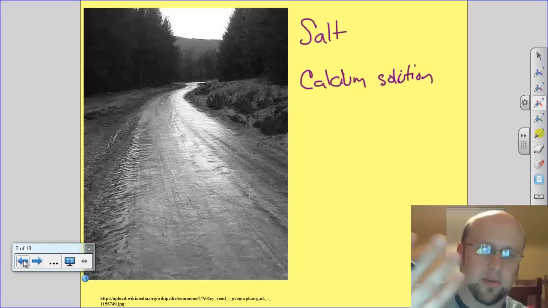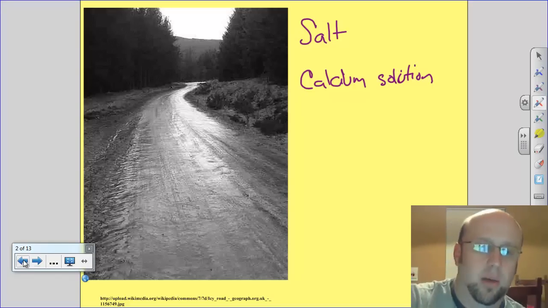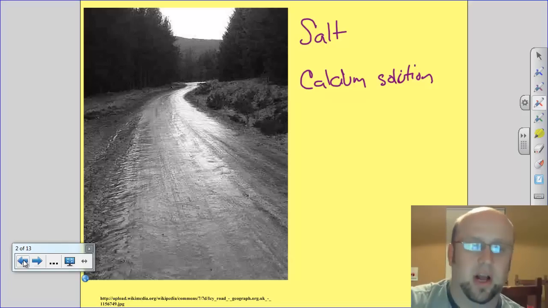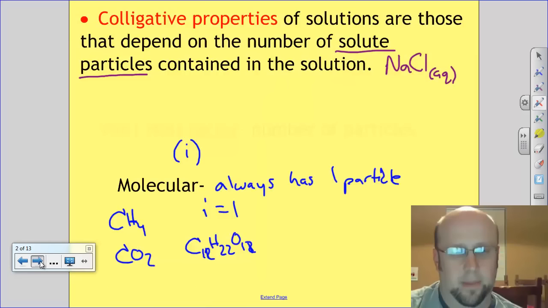It might freeze at negative 10 degrees Celsius, which is something closer to 0 degrees Fahrenheit. Once the freezing point gets lowered, the frozen solid ice turns into liquid water, and it's able to flow away.